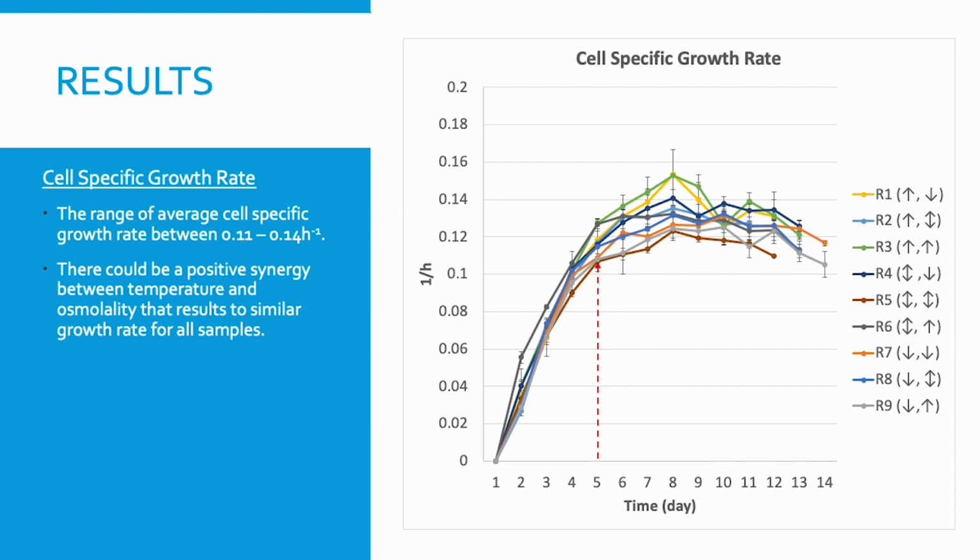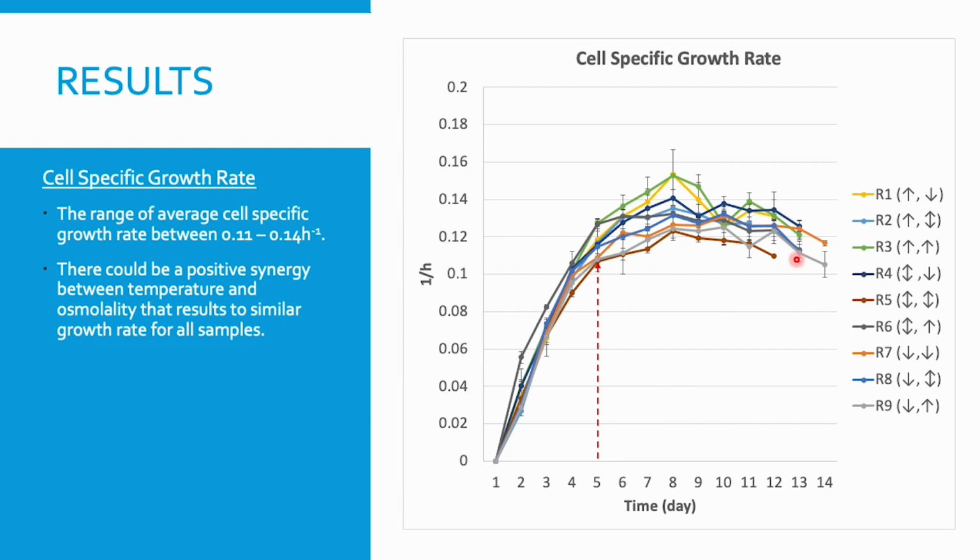The average growth rate for cultures run at 36.5 degrees is on the higher range, between 0.13 to 0.14 per hour, while the growth rate for cultures that run at 32 degrees is on the lower range, between 0.11 to 0.12 per hour.